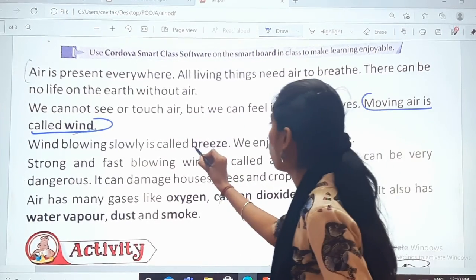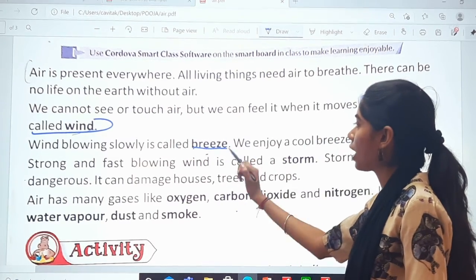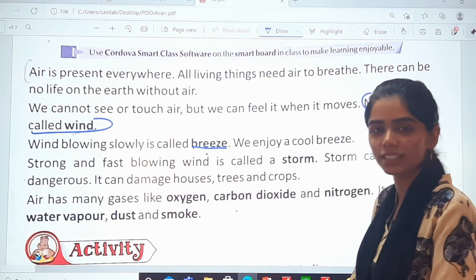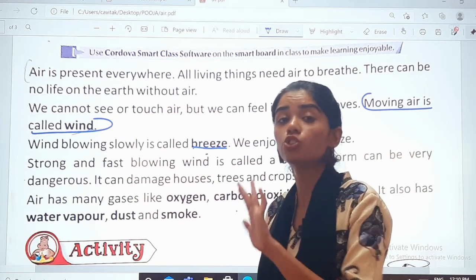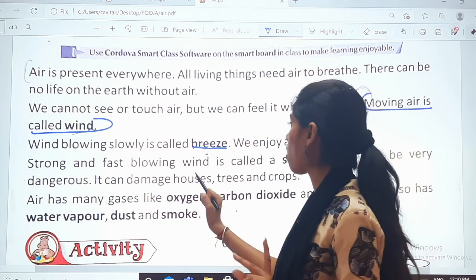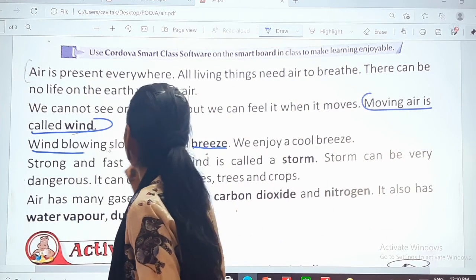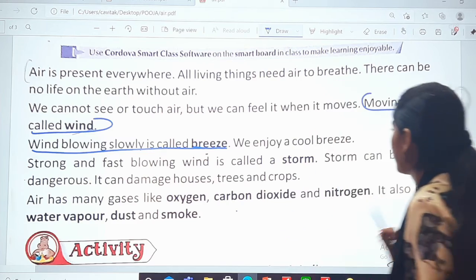Then, what is breeze? B-R-E-E-Z-E. Breeze. Wind blowing slowly is called breeze.